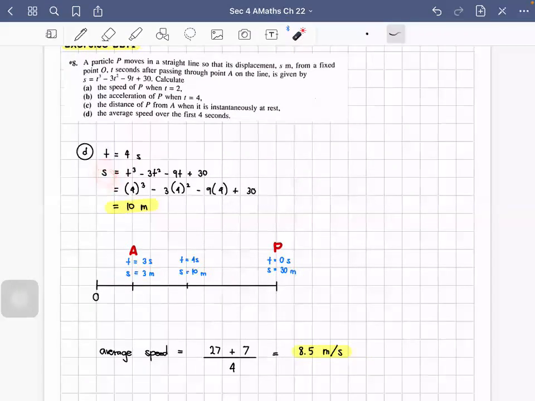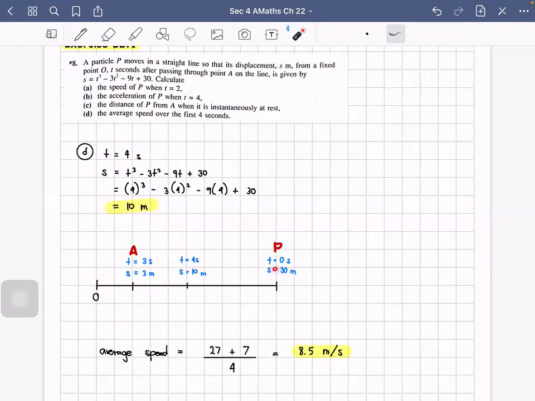So here, I'll take the distance after 4 seconds. After 4 seconds, the distance of the particle from the origin is 10 meters. So it's here. The particle now is over here, 10 meters away from the origin.